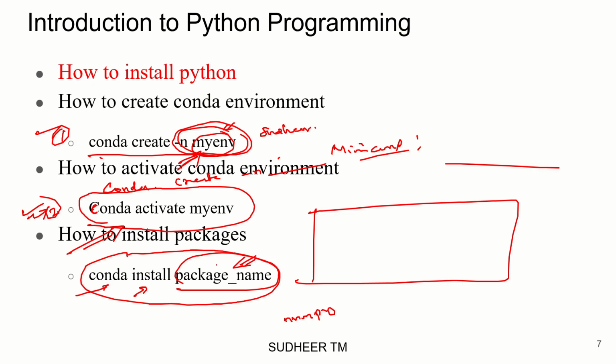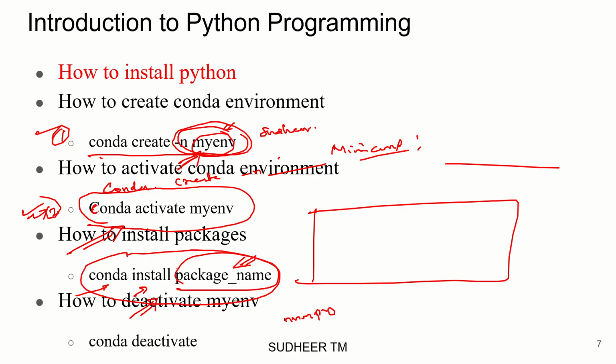So you can install numpy into your environment by typing conda install numpy, then enter. It will download all the supporting files for the numpy module into your environment. So this is the way of installing a package into your machine. These are the three basic commands to get started with your Python program.